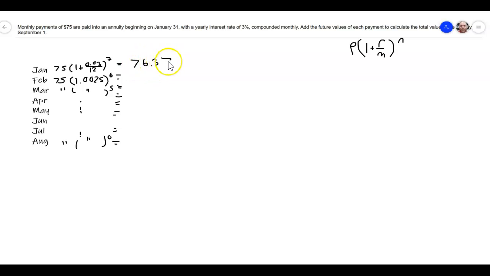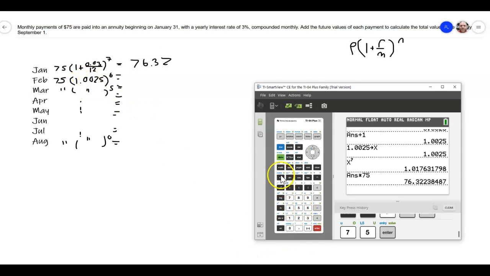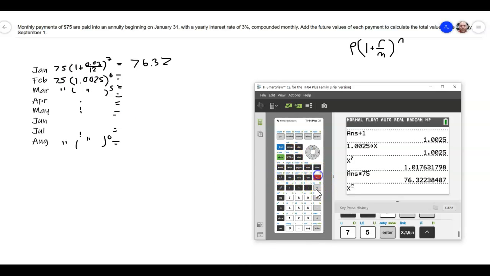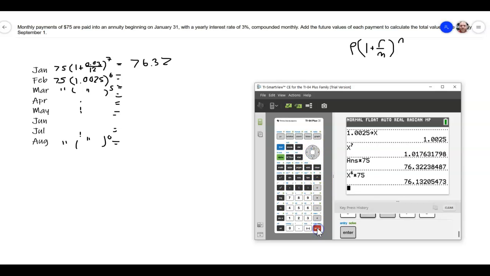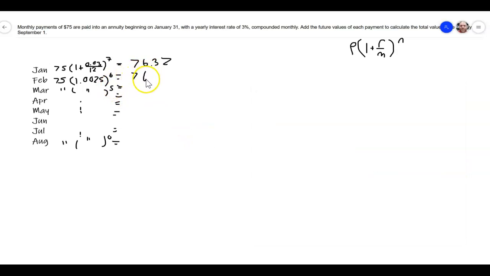My next one is going to be x raised to the 6th power, multiplied by my 75, and that's 76.13. Y'all can do the rest of those, and then the last one is going to be 1.0025 raised to the 0th power, which is just 1.